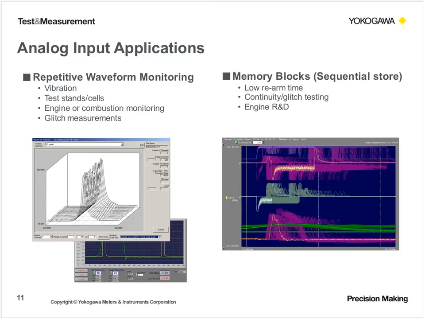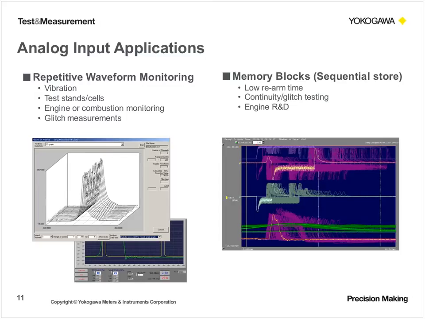Now, on the flip side, when you do have these glitch events, one of the strengths of data acquisition is that you can have these memory blocks, or what we call sequential store, where each capture gets stored in time. And this is when you're looking for maybe a specific event in time, or maybe some condition that you know is some fault is occurring in your testing that you want to be able to capture.